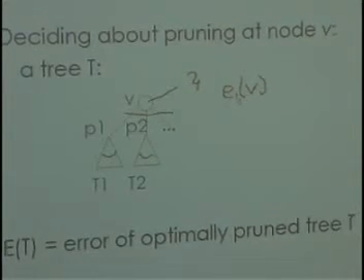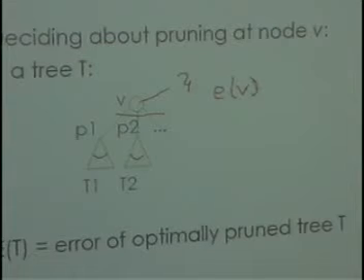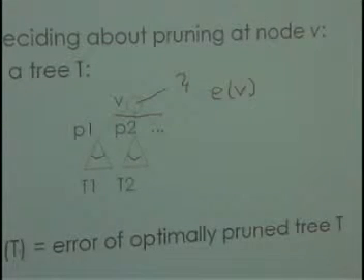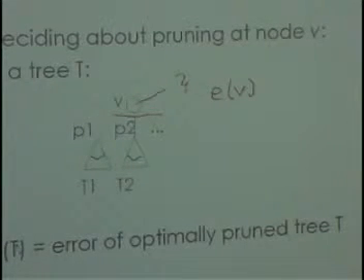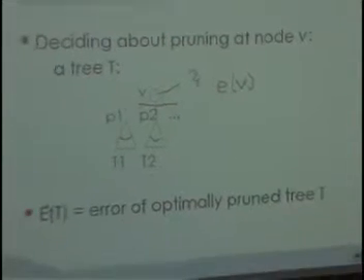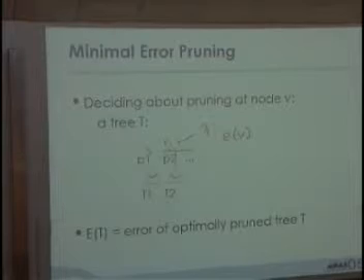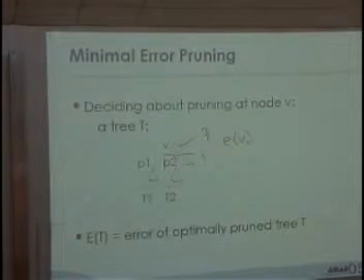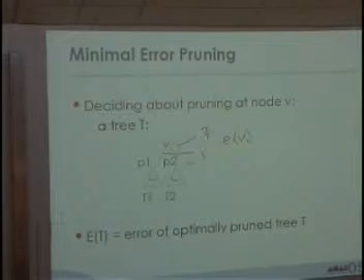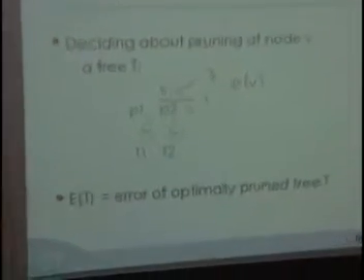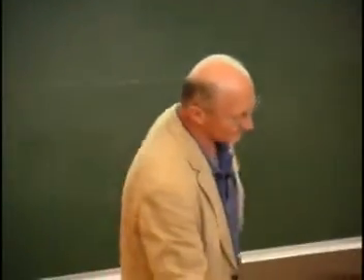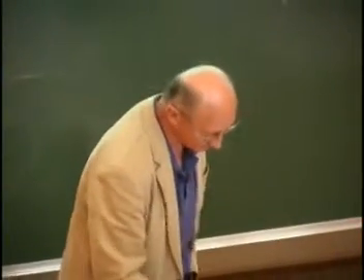We just need to compare these two, e of V and E of t. And if this is smaller than that, then we decide to prune here. In that way we will minimize the error of the resulting pruned tree. Okay, so that's the basic idea.